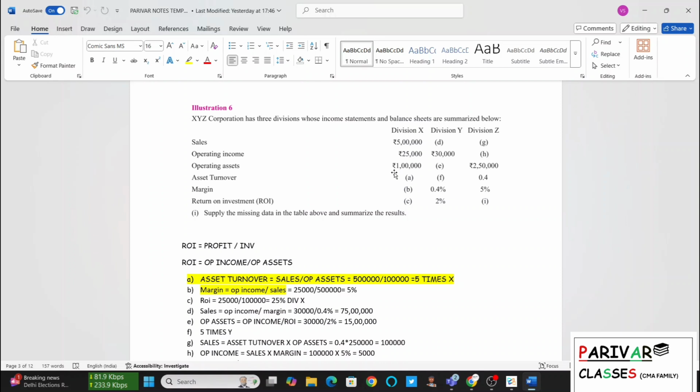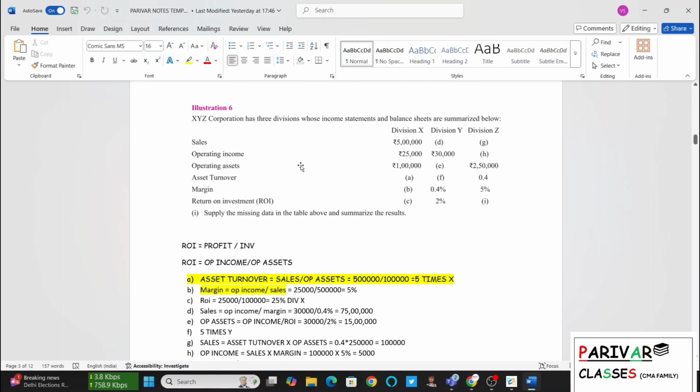Profit means operating income. Operating income divided by sales, 25,000 divided by 5 lakhs, nothing but 5 percentage. Very easy. Next point C, return on investment. We already wrote the formula: operating income divided by operating assets, 25 percentage. I think this one is also clear.